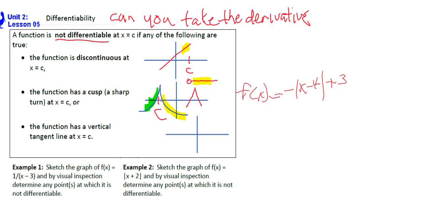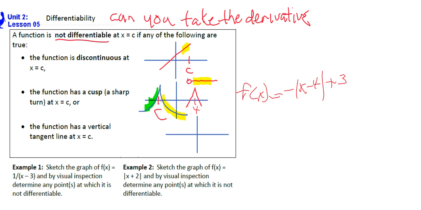This function, which I just drew in red, you can take the derivative to the left of 4 and to the right of 4, but at 4, because of that sharp corner or sharp turn, you cannot take the derivative.